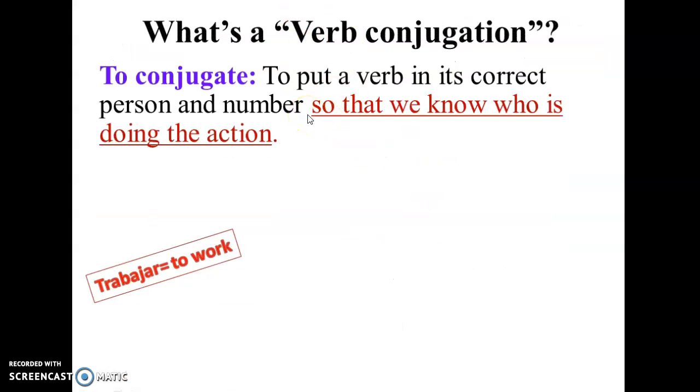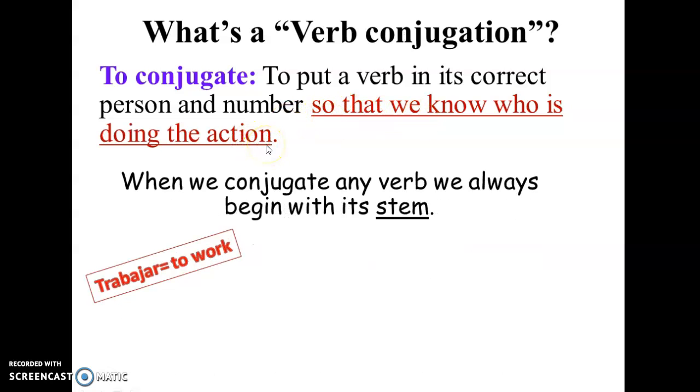We talk about conjugations. Conjugations are important because every time that we are using a verb in a sentence, it needs to be conjugated. So to put a verb in its correct person and number so that we know who is doing the action. Okay? We need to conjugate verbs.